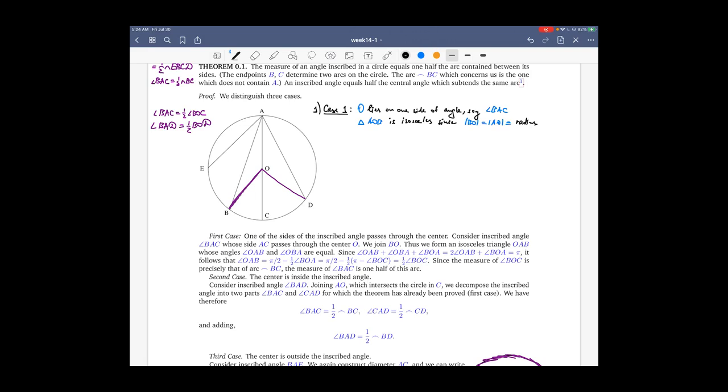Now this implies that the two angles adjacent to the base of the triangle are equal. So the angle BAO equals the angle ABO.